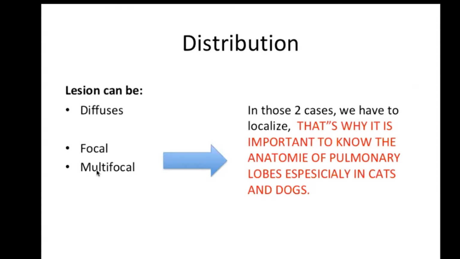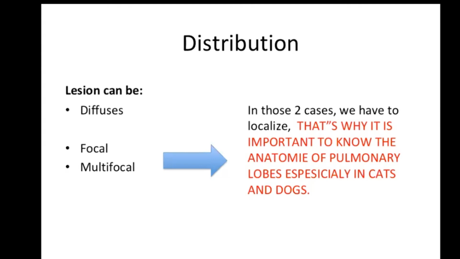And focal and multifocal, we have to say where it's localized. Is it the caudal lobe? Is it the dorsal lobe? We will talk about the distribution later, but we have to describe where is it. Because with some cases, of course, not all the lobes are affected, only certain lobes are affected.